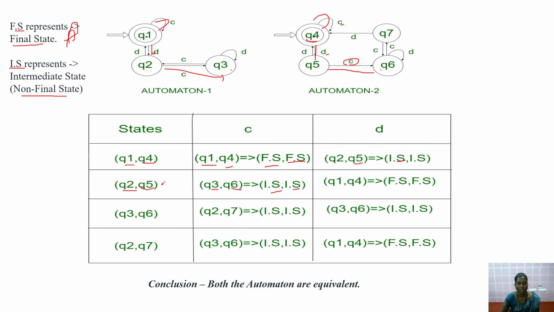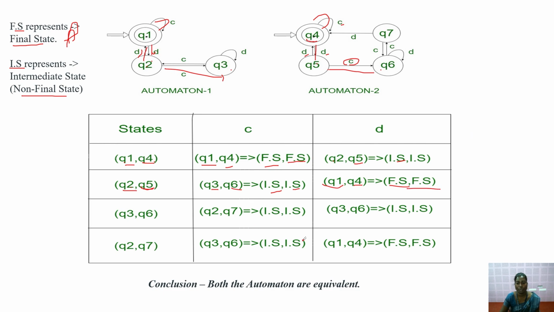Next, Q2 to Q1 on D symbol, final state, because this is the final state. Next, Q5 to Q4 on D symbol reaches a final state, so Fs.